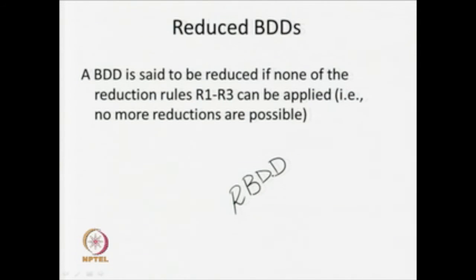So, we are having 3 rules R1, R2 and R3. If none of these reduction rules can be applied anymore, that means no more reduction is possible, and at that point we say that this is the reduced BDD. So, we say this is RBDD or reduced BDD. This is the notion.